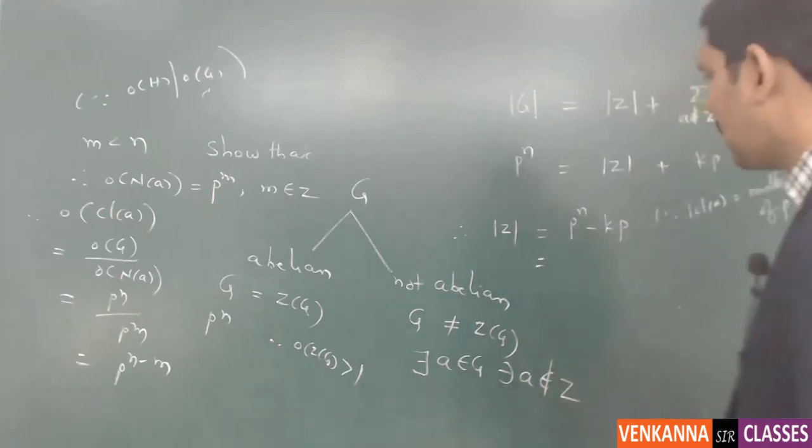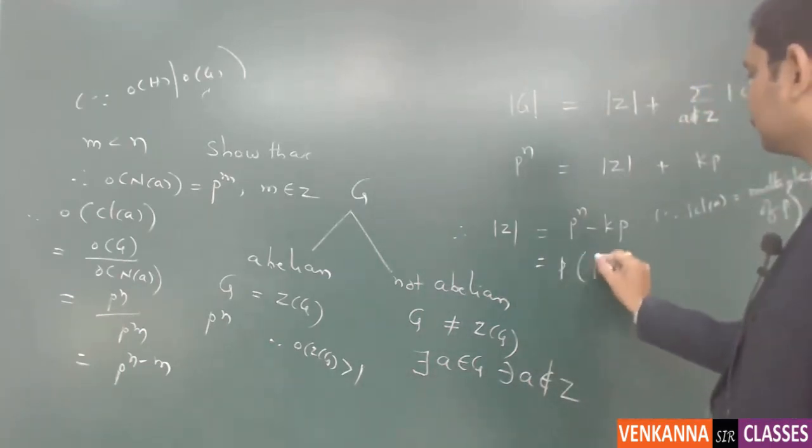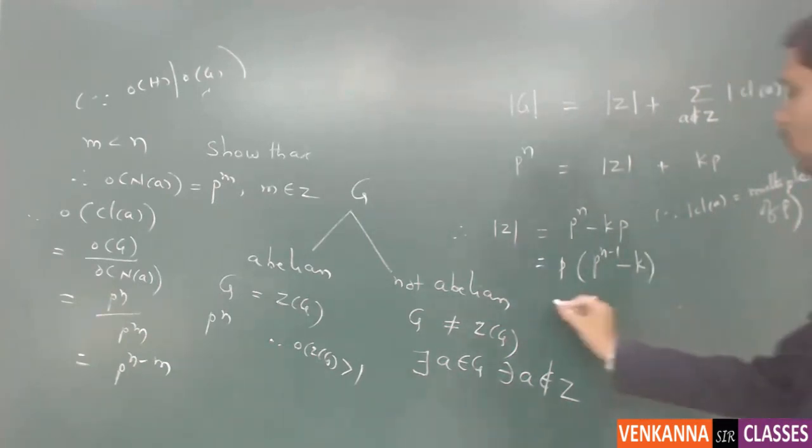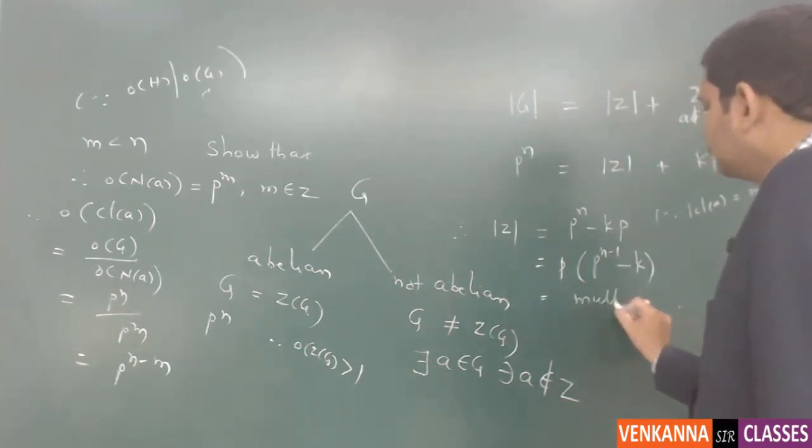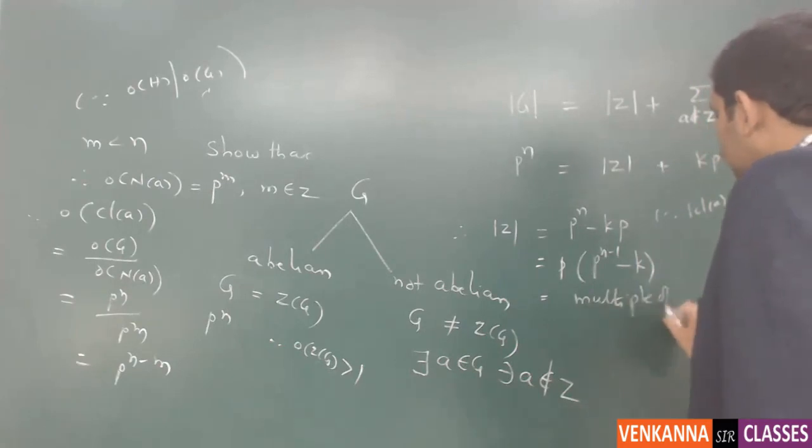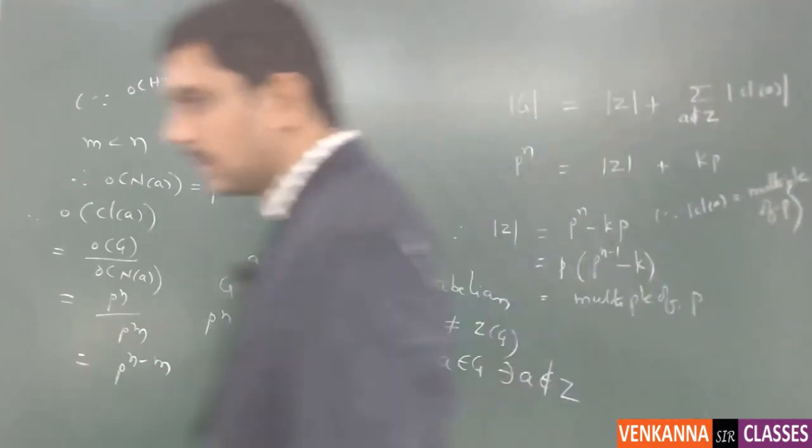If you take P common, it is also a multiple of P. Accepted?